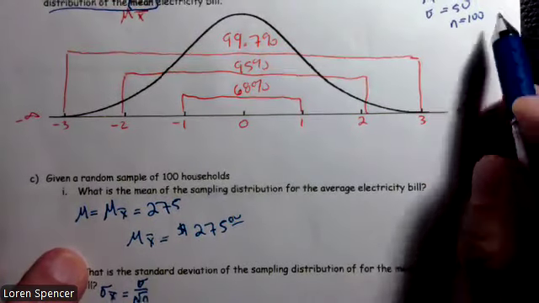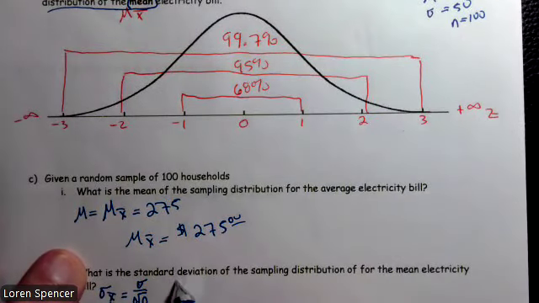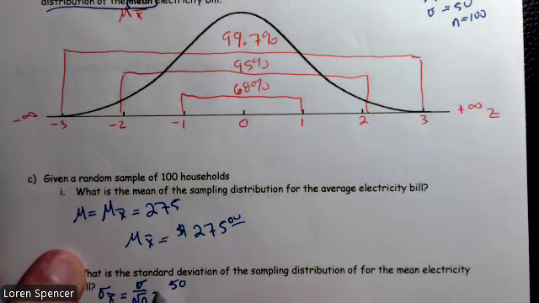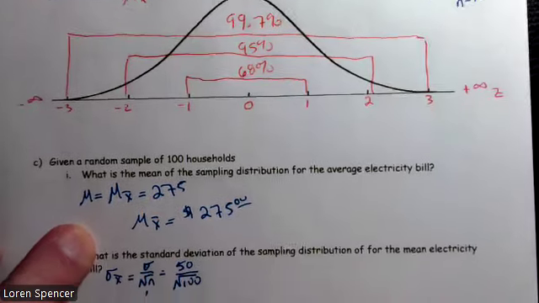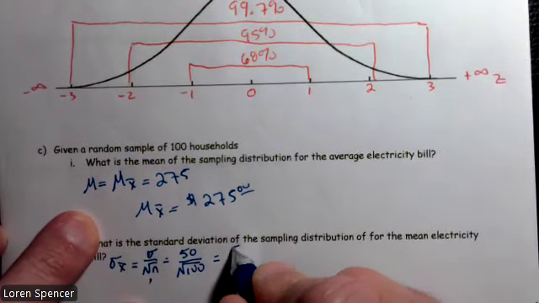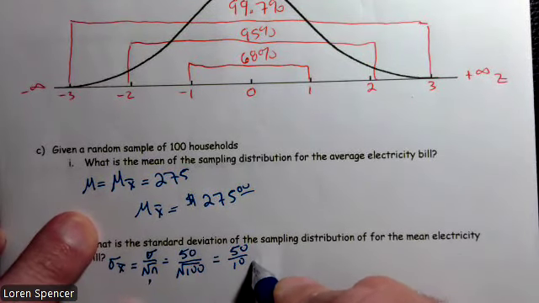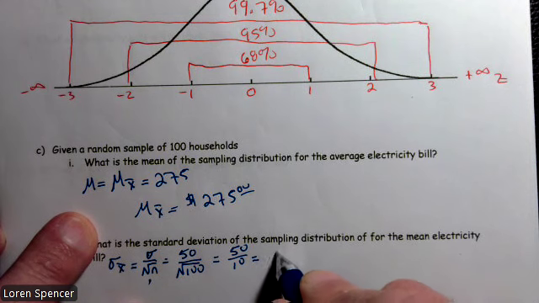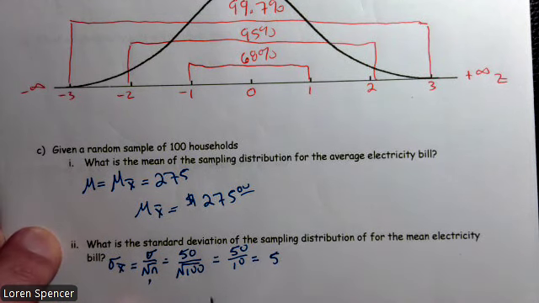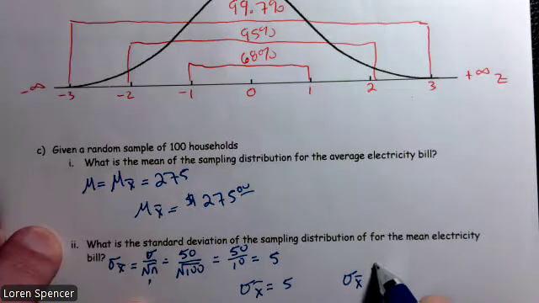Well, the standard deviation of the population was 50 divided by the square root of 100. Well, the square root of 100 is 10, so 50 divided by 10 is 5. So the standard deviation of X bar is 5. Or in this case, more appropriately, the standard deviation of X bar is $5.